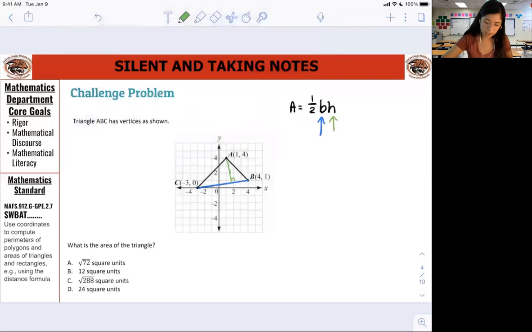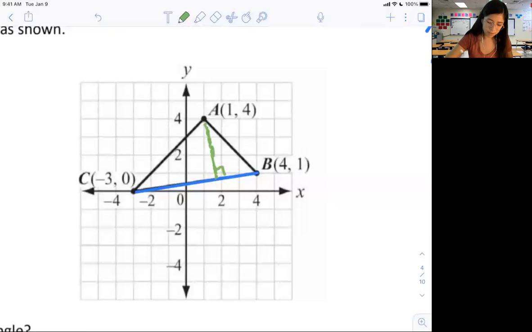But in this case, and I'll zoom in a little bit, would we be able to figure out what that point is, or is that kind of floating? So my question is, if we decided to make this the base and that the height, is that coordinate point a nice perfect point or no?